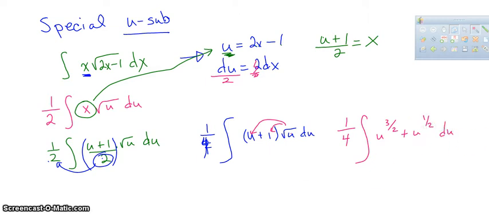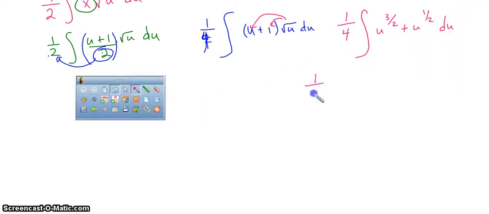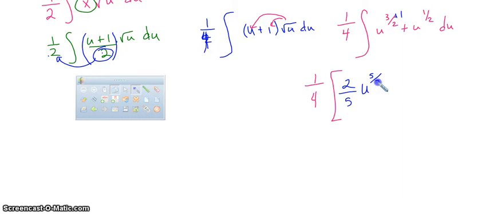And now I just have to integrate that. So 1/4. If I add 1 to 3/2, that gives me 5/2. So it's going to be 2/5 u to the 5/2 plus, if I add 1 there, that gives me 3/2, so 2/3 u to the 3/2 plus c.